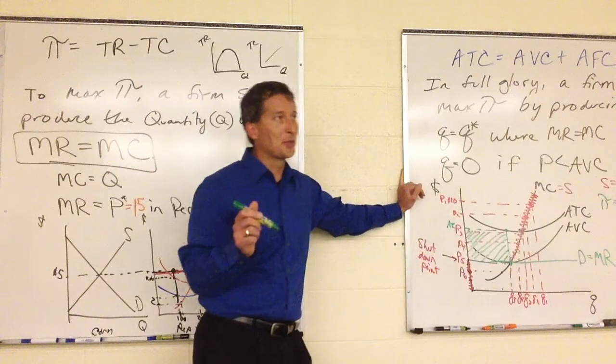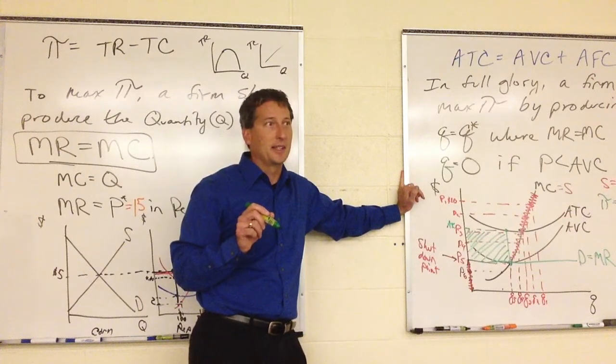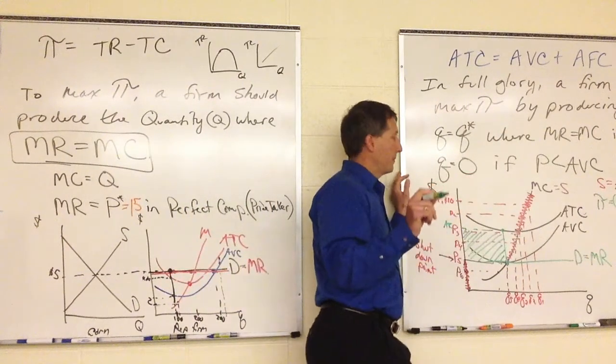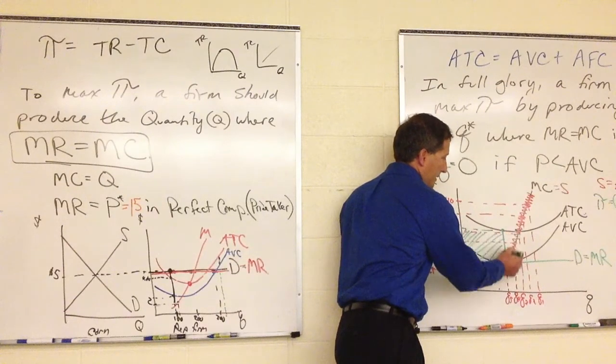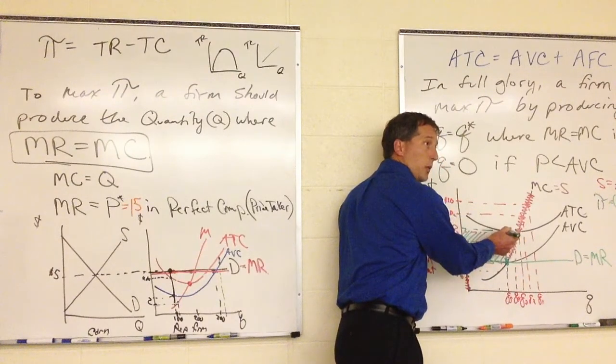Now, it also represents something else. Is it because you don't need more fixed costs? It's not that we don't have them, but this is equal to them. Because this is the vertical distance now between average variable cost and average total.